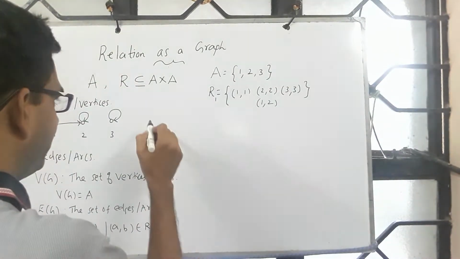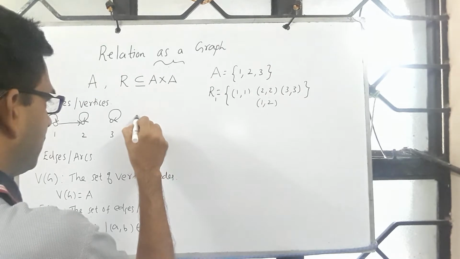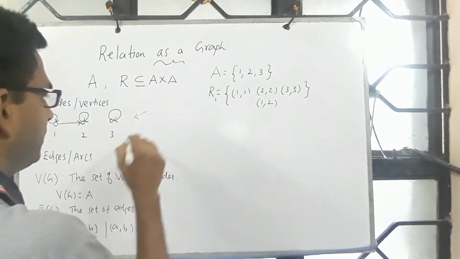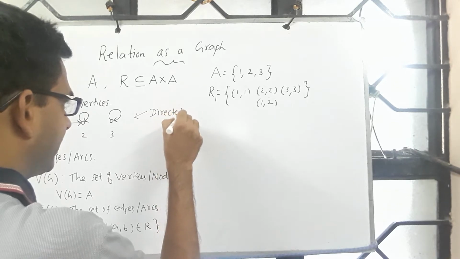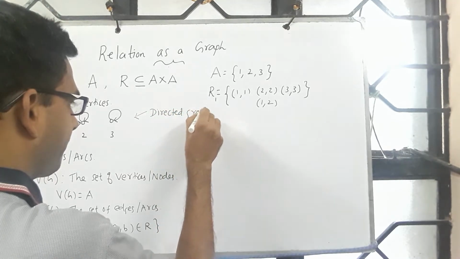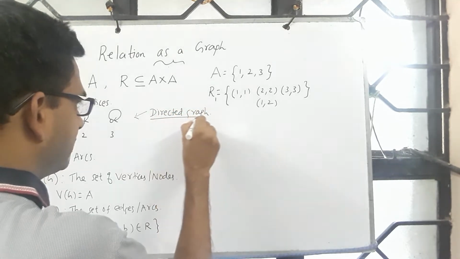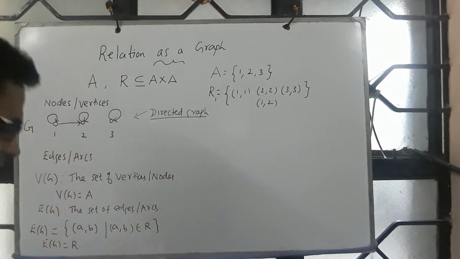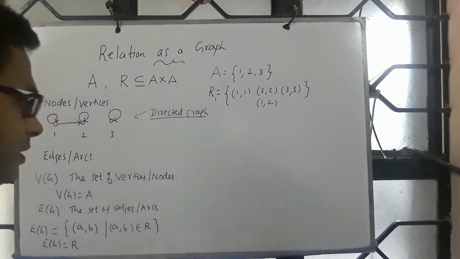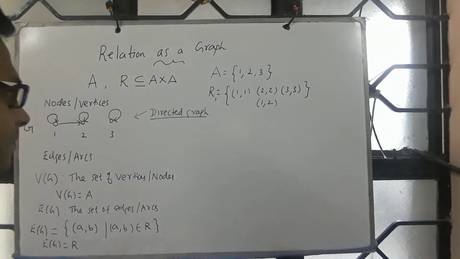And what we draw is not just some graph. This has a special name. It is a directed graph, because there is a direction associated with each edge. So we call this a directed graph.